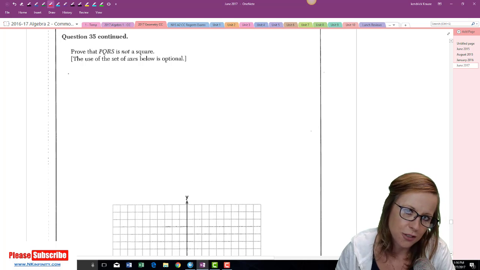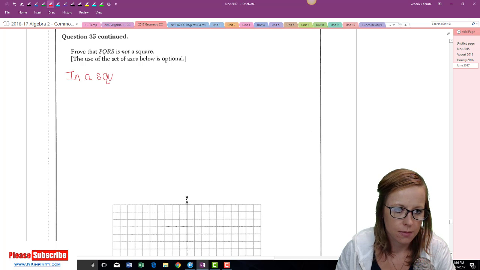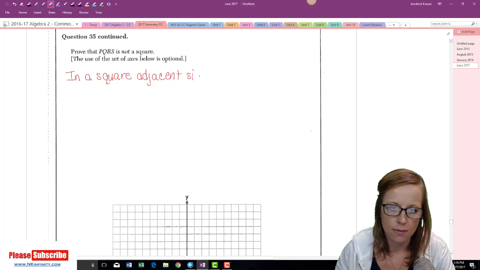I want to do a proof by contradiction, but I don't think you guys do those. In a square, adjacent sides are perpendicular.